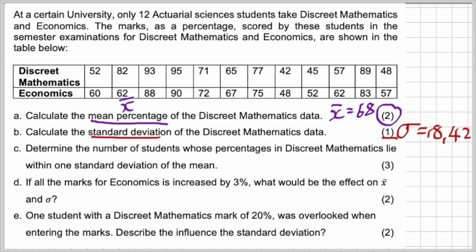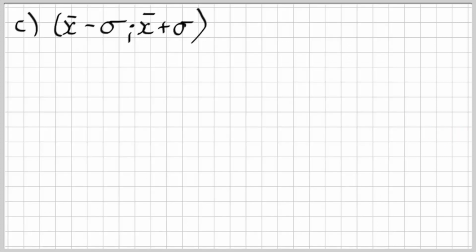It says, determine the number of students whose percentages in discrete maths lie within one standard deviation of the mean. I'm going to find this interval: x bar plus sigma and x bar minus sigma.